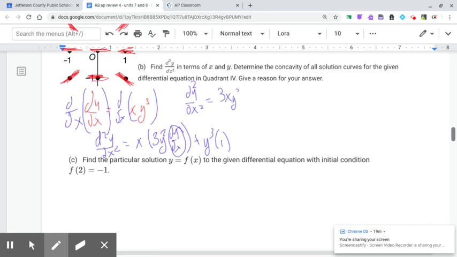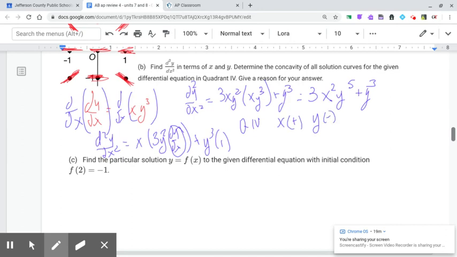Now, if I substitute dy dx in, then I get 3xy squared times the derivative of xy cubed plus y cubed, or 3x squared y to the 5th plus y cubed. Now let's talk signs in quadrant 4. In quadrant 4, x is positive, y is negative.